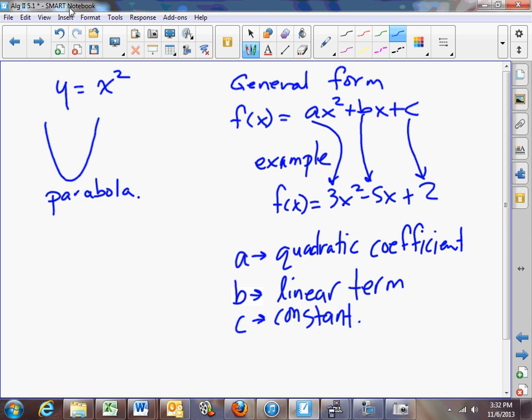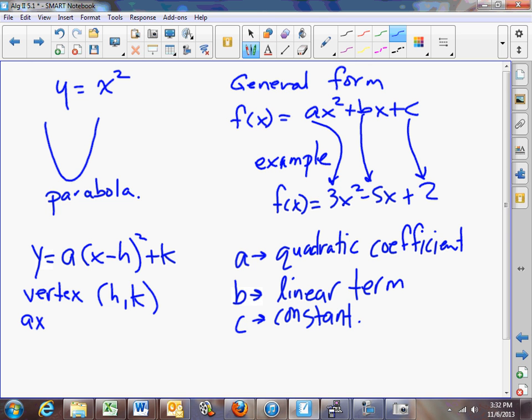Now, we learned in translating quadratic functions that y equals a times the quantity x minus h squared plus k were all the translations we could do with the quadratic function, where the vertex was at the point (h, k) and the axis of symmetry was the line x equals h.